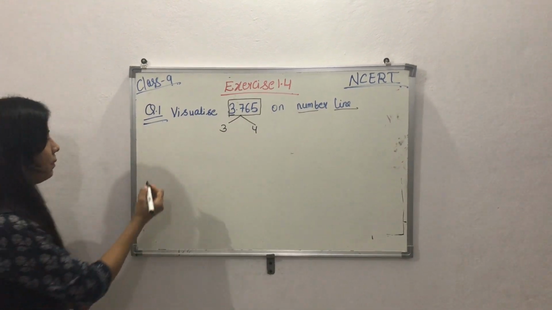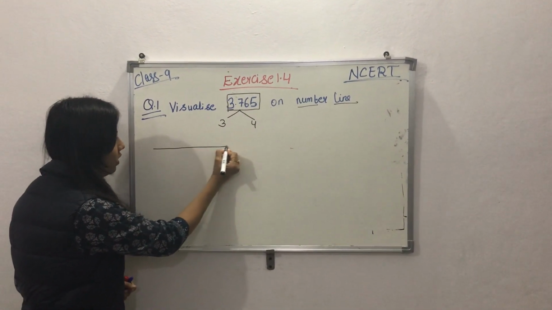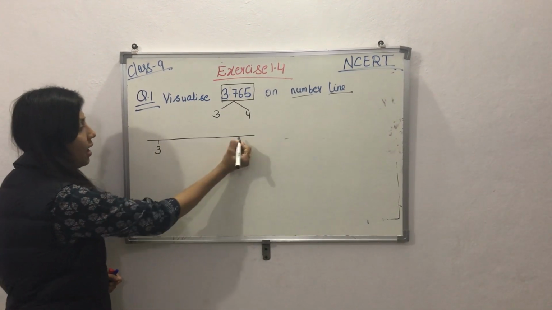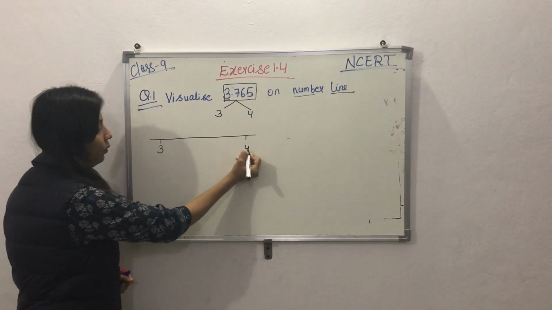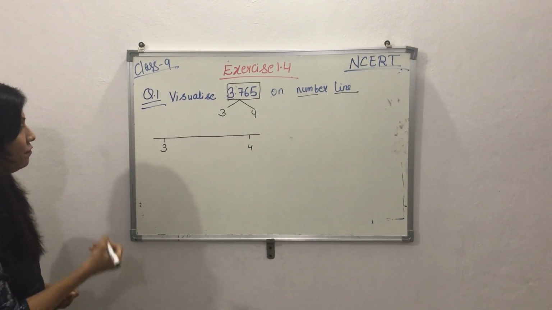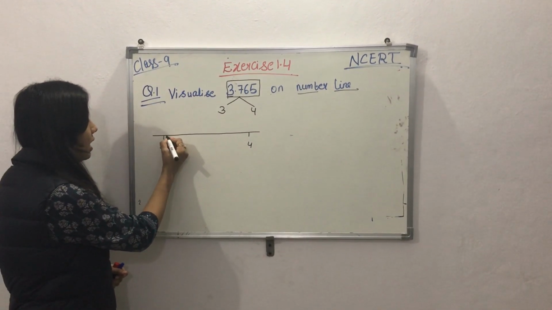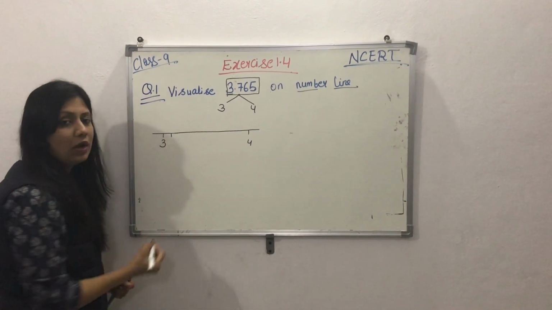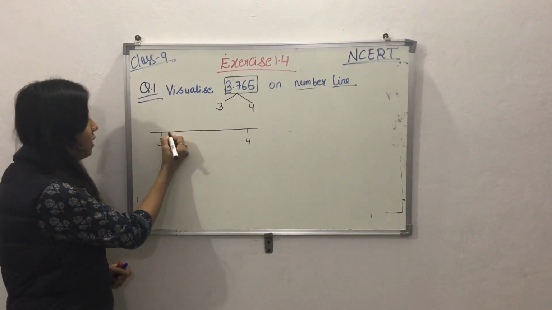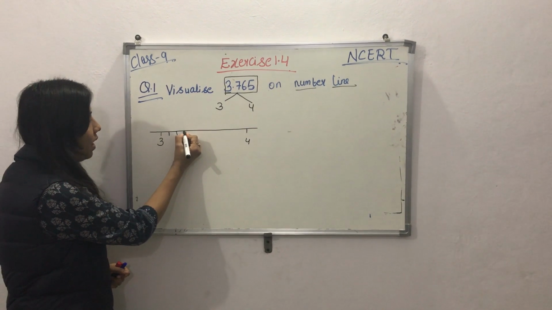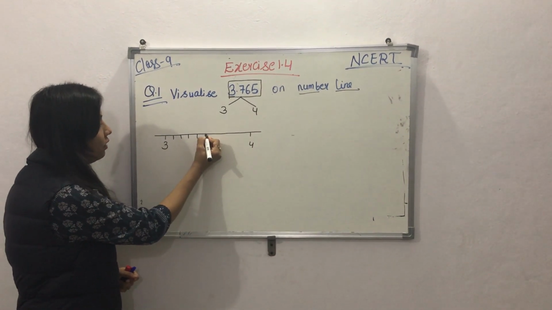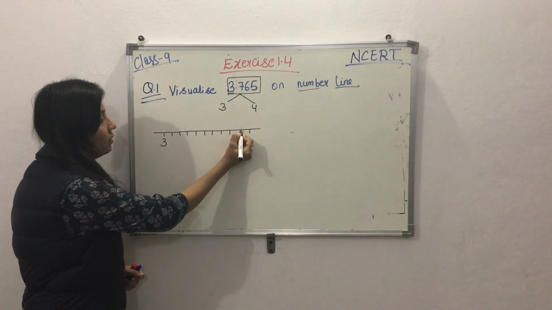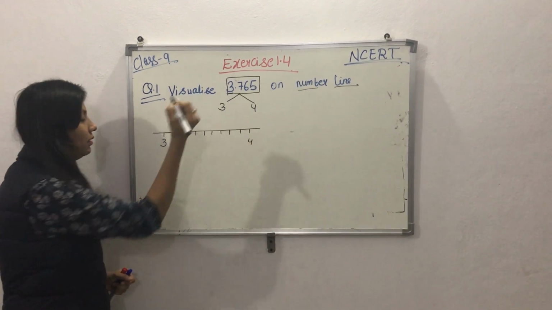So on the number line, let's first represent this is my 3 and this is my 4. Now if I divide the line between 3 and 4 into 10 equal parts, this is my first part, second part, third part, fourth part, fifth part, sixth, 7, 8, 9 and 10.